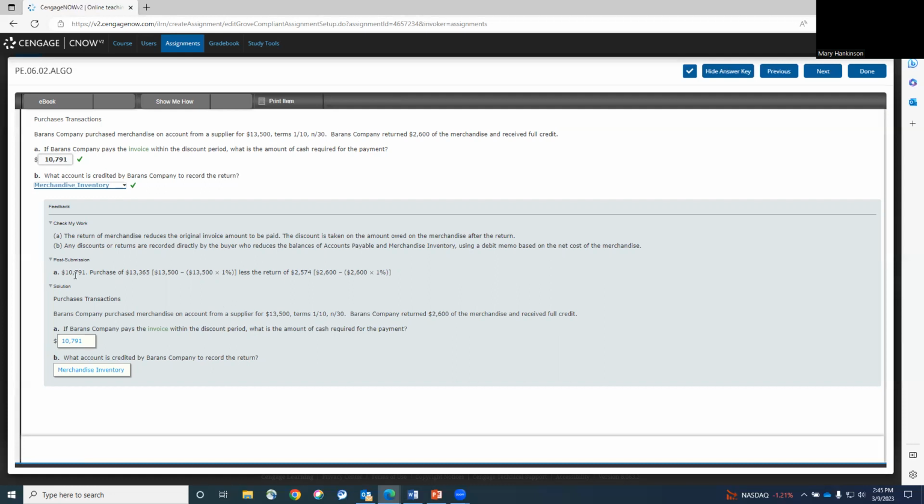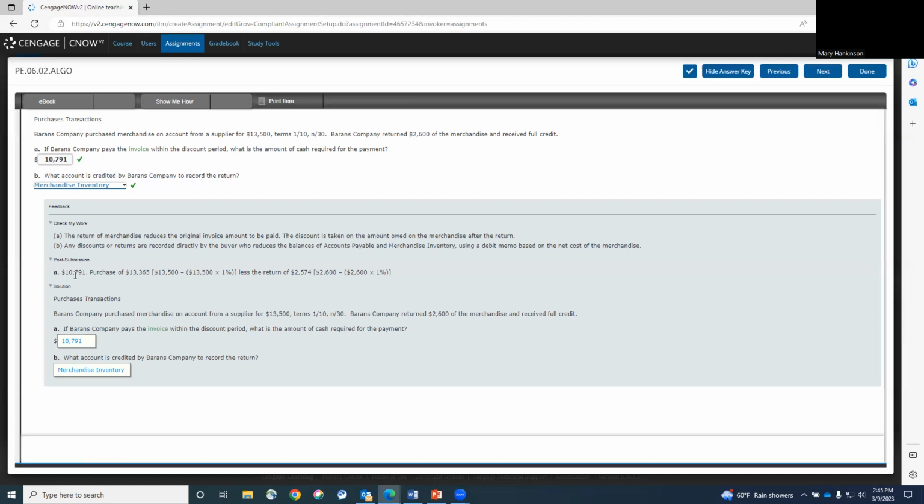Now it asks what account is credited by Barron's company to record the return. Okay, well, let's think about this. If we purchased merchandise, inventory is an asset account. So when we purchase inventory, we're going to debit our merchandise inventory account because, again, it's an asset.